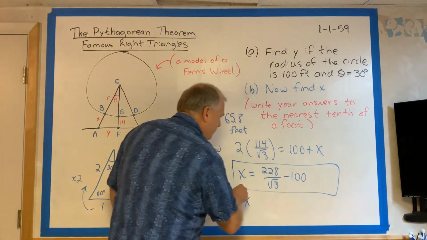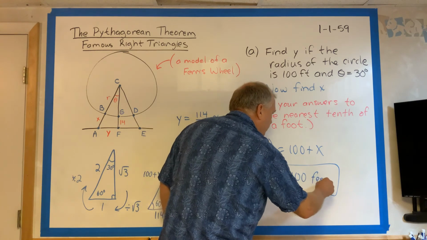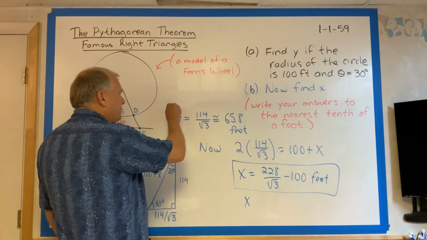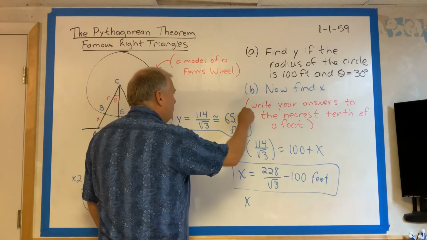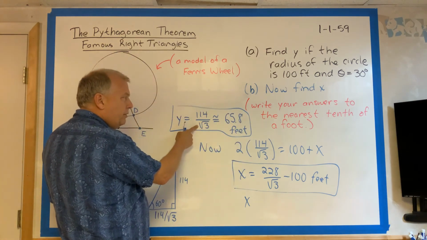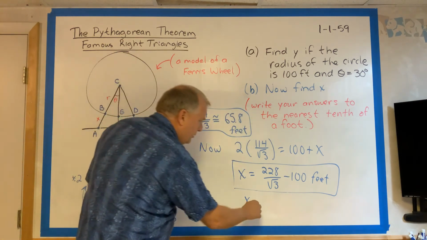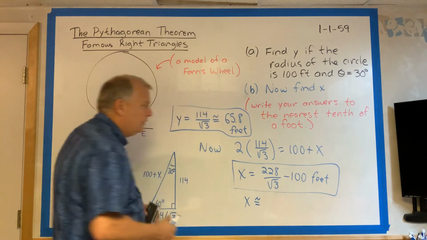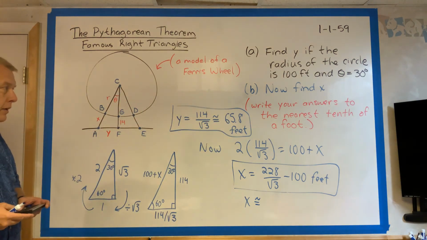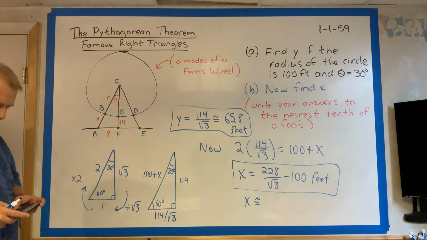That's the exact answer. Just like this is the exact answer, 114 divided by root 3. But I can also approximate. So I'll double that y and subtract 100.